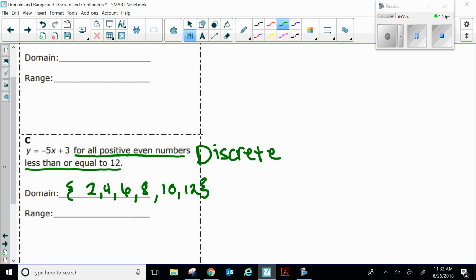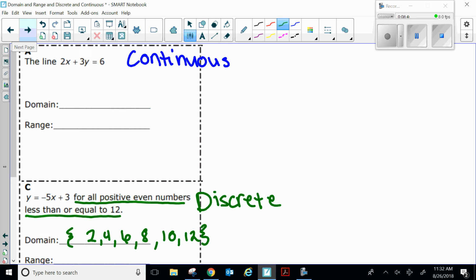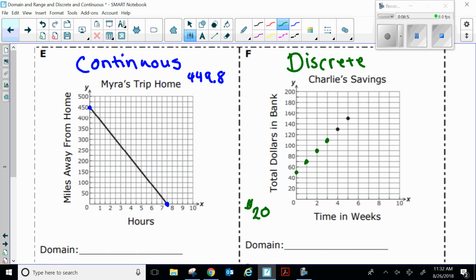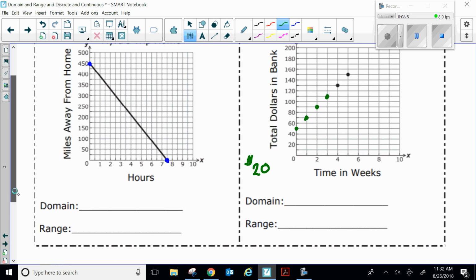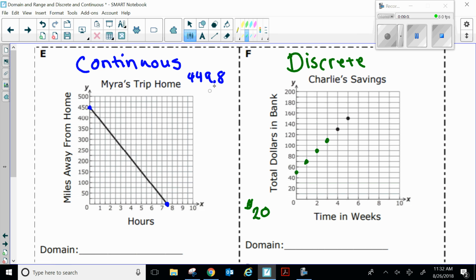Okay, so we're going to go back and write the domain and range for each of our discrete and continuous relationships so we can clearly see the difference between writing a continuous relationship and a discrete one. Looking back at our graphs, for this continuous relationship, my domain, looking at all my x values, begins at 0 and ends at 7.5.